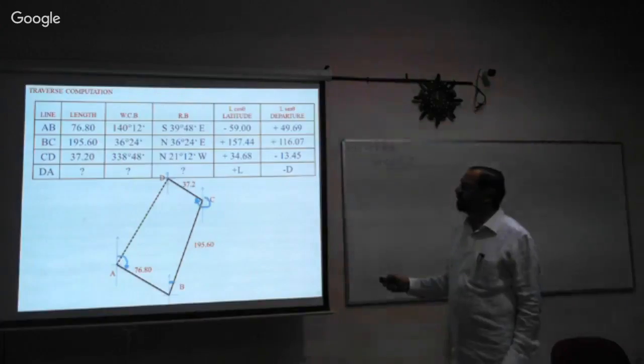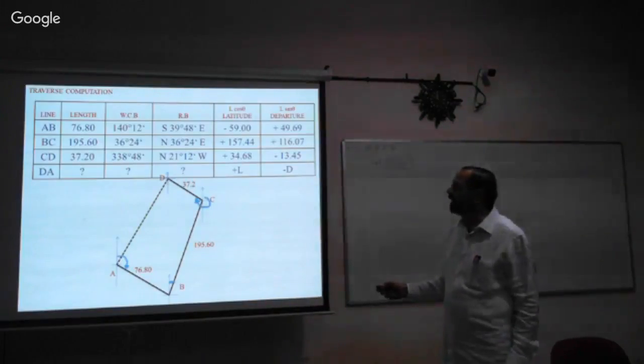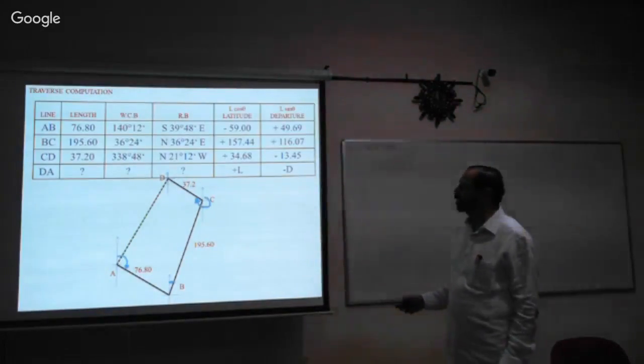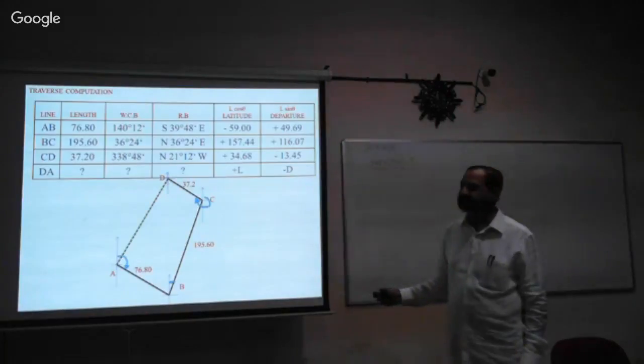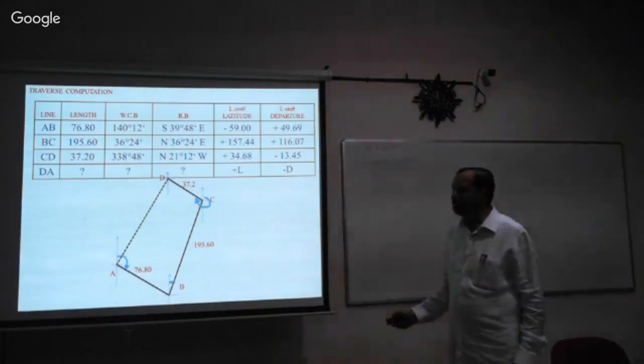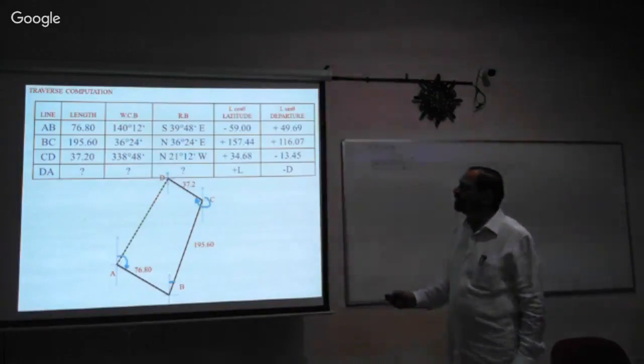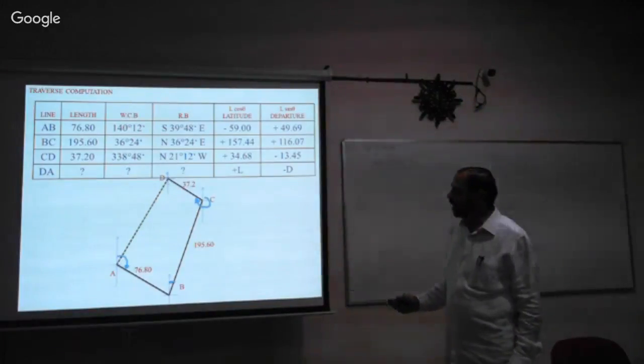Now this is the whole circle bearing of line AB. Let us understand this carefully with the diagram I have put up here. AB is the line.